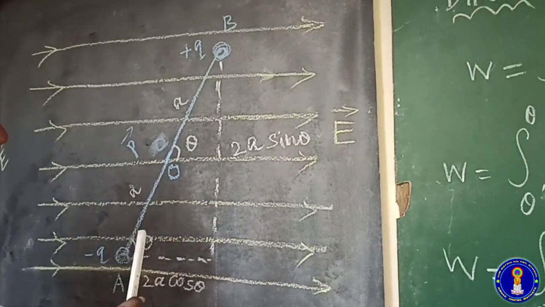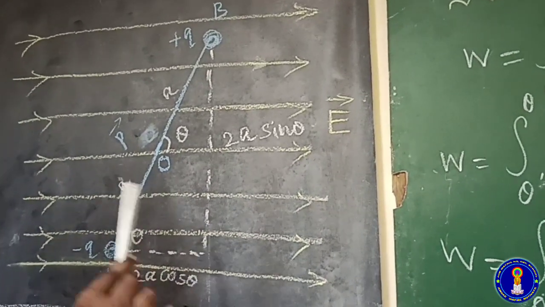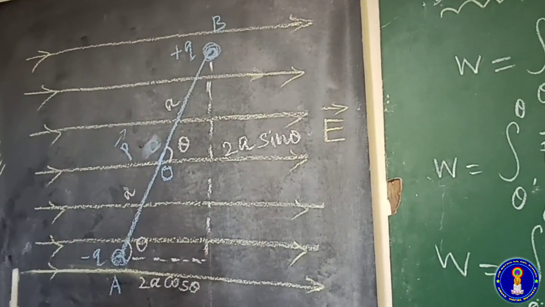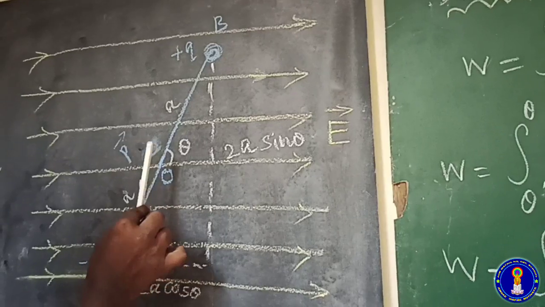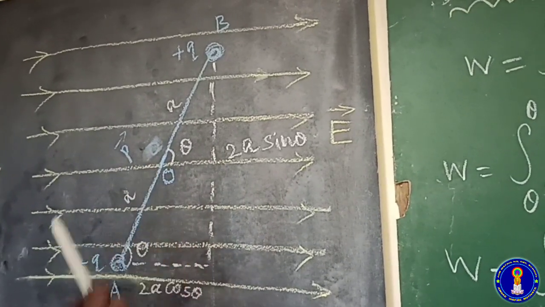Now the work done is converted into potential energy in the system of the dipole. So we do the work, and the dipole is rotated through a particular angle by the torque.